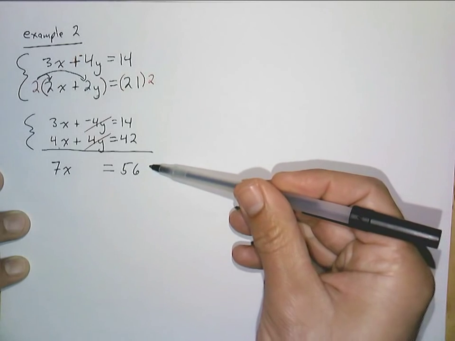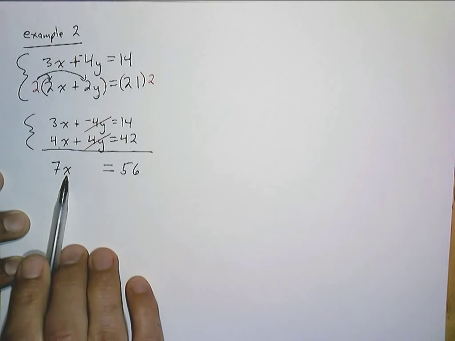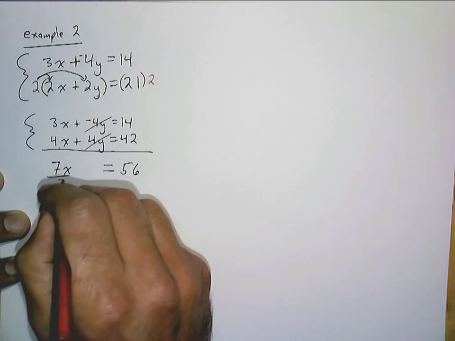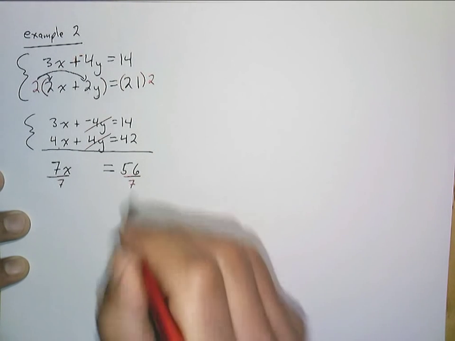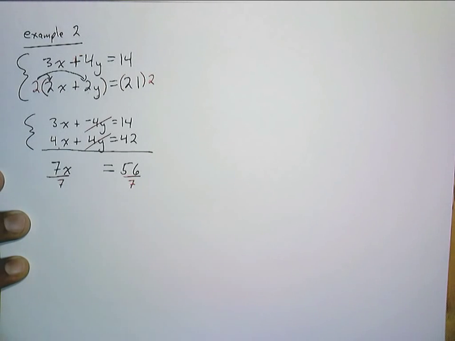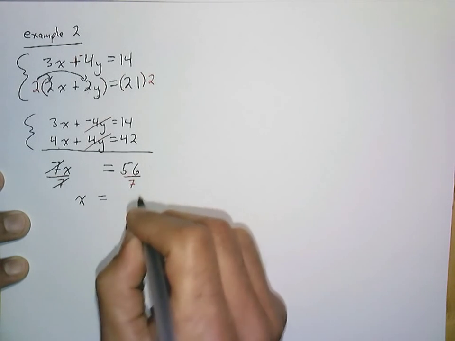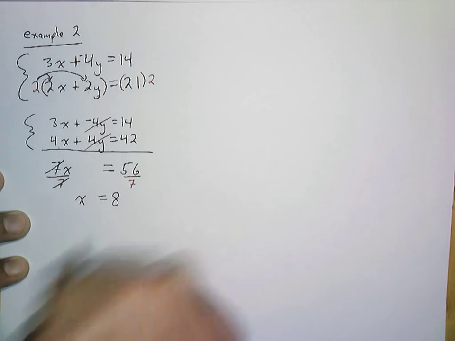Again, now we have our single equation and the single unknown of x. Very easy to solve this now. Divide both sides by 7. So those will cancel out. And now we have x is equal to 56 divided by 7, which is, of course, 8.